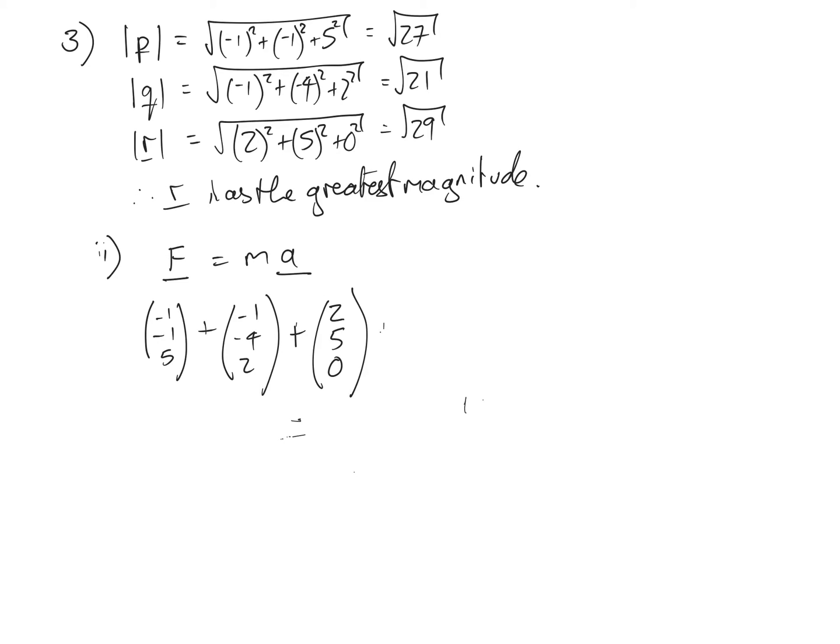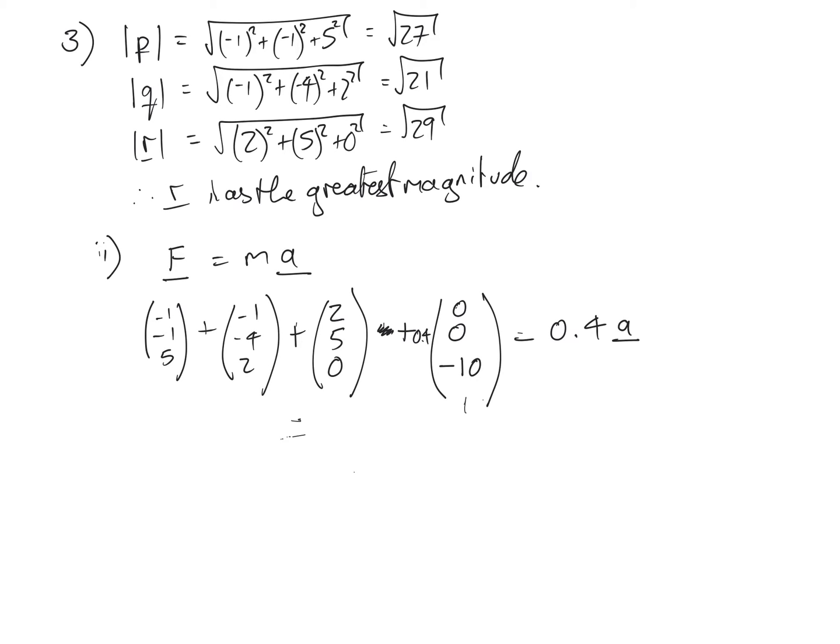Well, we know its mass is 0.4, so its weight is 0.4 times, and it's vertically downwards, so it's 0, 0, minus g, and g is 10, so 10. You don't actually lose marks if you use 9.8, but it just makes your numbers a bit nicer. That equals the mass, which is 0.4, times the acceleration, which we want as a vector.